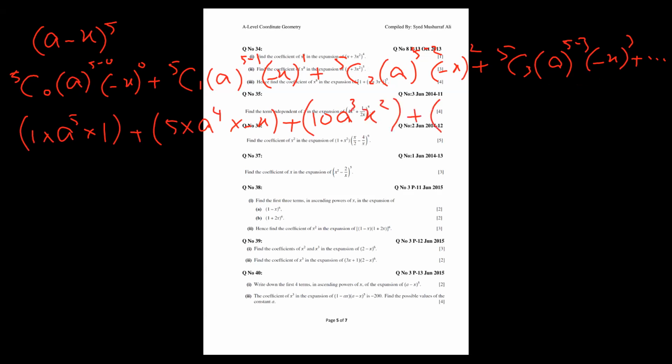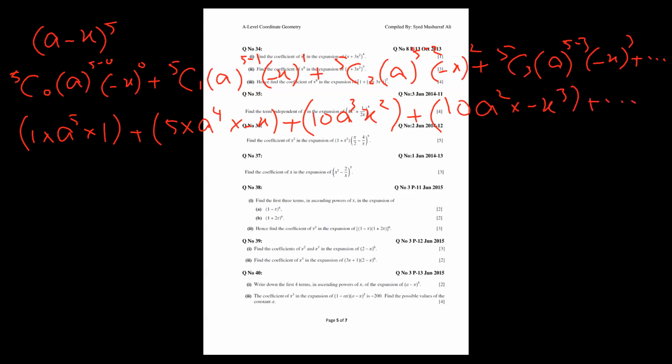Done. 5C3, if you check, becomes 10 again, and a to power 2 and x to power 3, but with a minus sign. This minus sign I will write beside it. So let me write again: minus times minus x cubed.